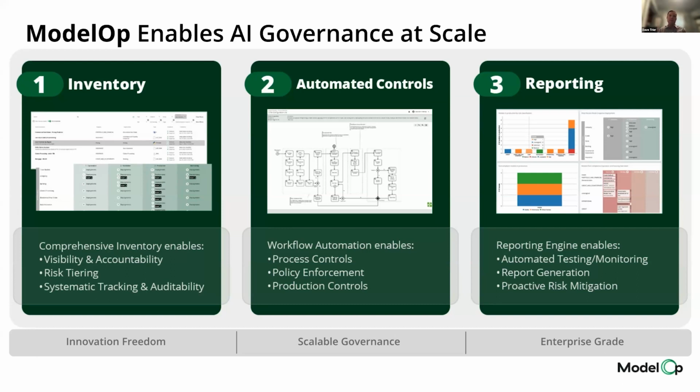The second key capability is around automated controls. We have a very powerful process automation engine that ensures all of your governance policies and procedures are followed and enforced, but done with automation to make it as streamlined and as easy as possible for those business teams, again, to develop in the preferred method, but still have that assurance that the governance policy is being followed.